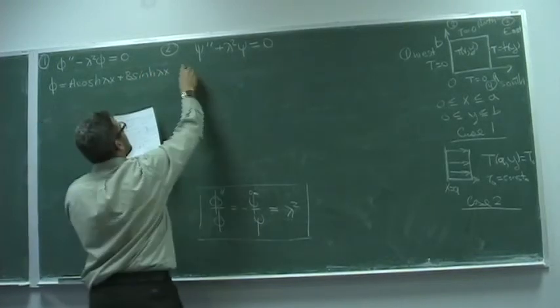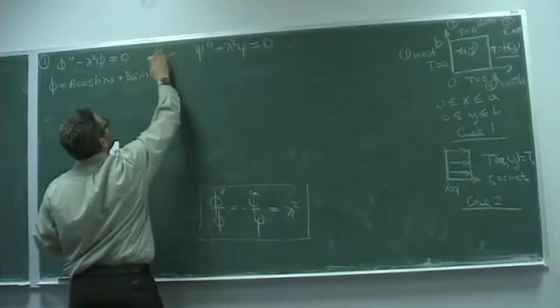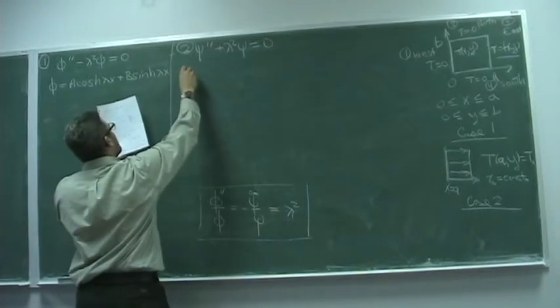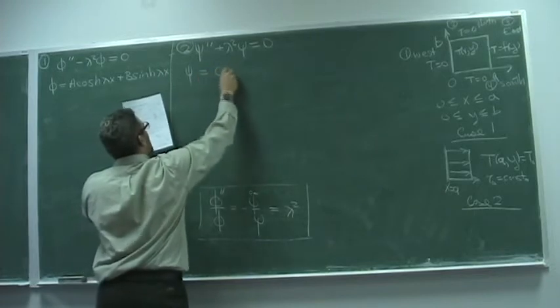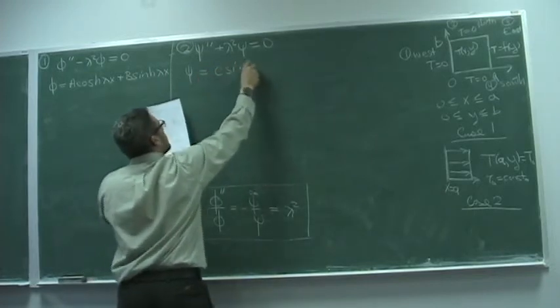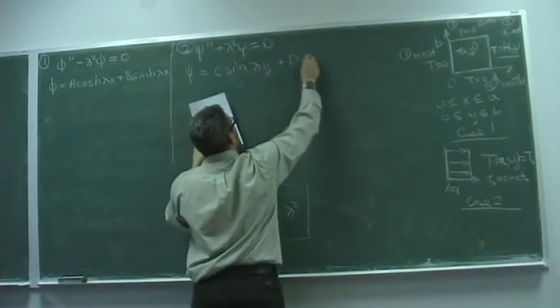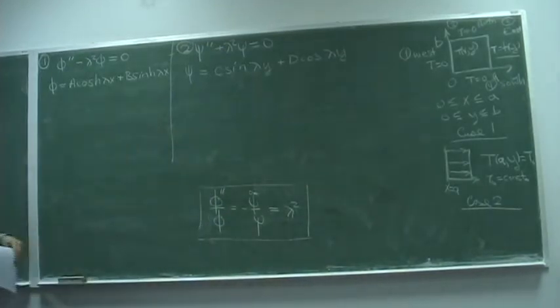And over here, for equation number 2, let me separate these out a little bit: c sine lambda y plus d cosine lambda y. So there are two equations.